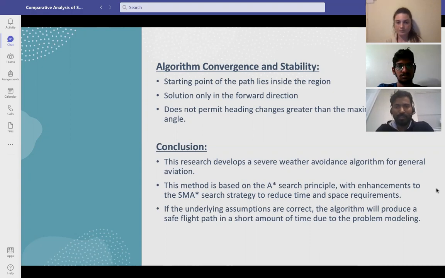To conclude this presentation, we can understand how these algorithms produce the results. This A* search algorithm produced the actual results that we needed, and it found the shortest path. They modified, or we can say enhanced, some functions in SMA search to produce this shortest path and reduce the time as well.